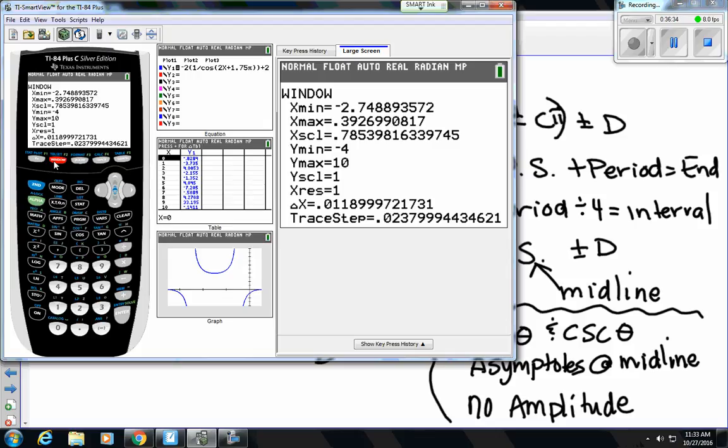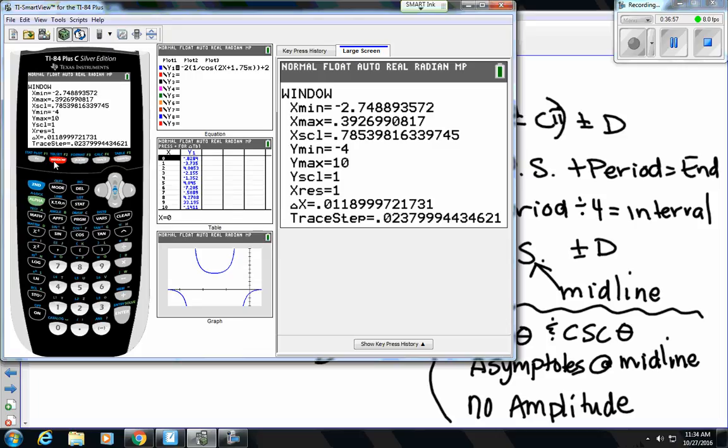Yeah, our x minimum is our phase shift because that's our starting point. So if we want the calculator to show us a graph that looks like what we have, then we want to start it where we started it, which is at the phase shift. Now obviously I put the pi in there so that I got an irrational number.